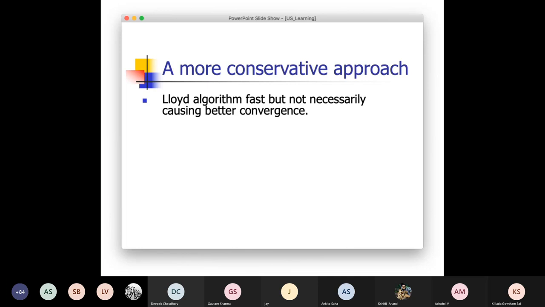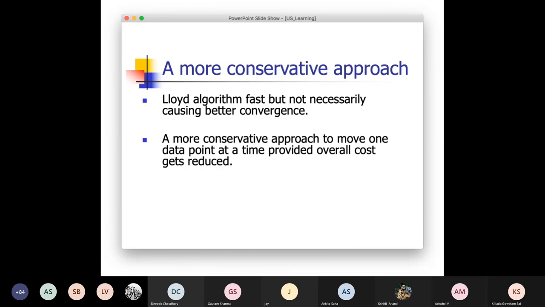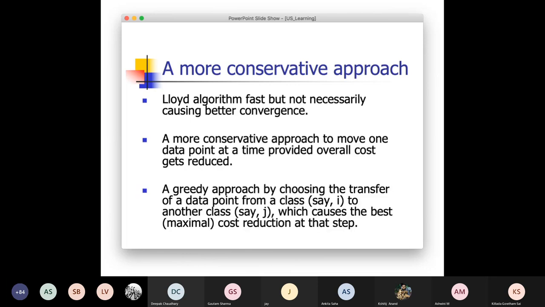By changing the cluster of a data point from the ith cluster to a jth cluster, you find out the change of the sum of squared error and choose that transfer which has the maximum reduction. You do that change, again recompute, and do this again. So it is computationally intensive, but it causes better convergence.